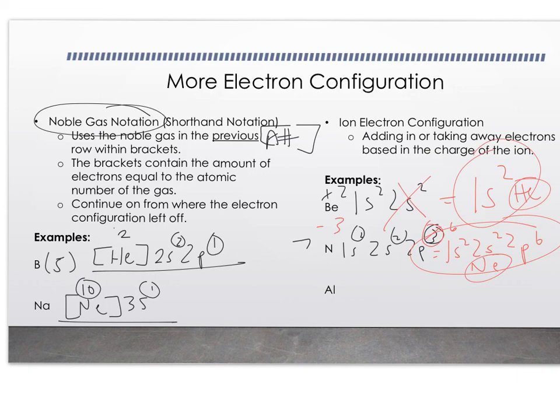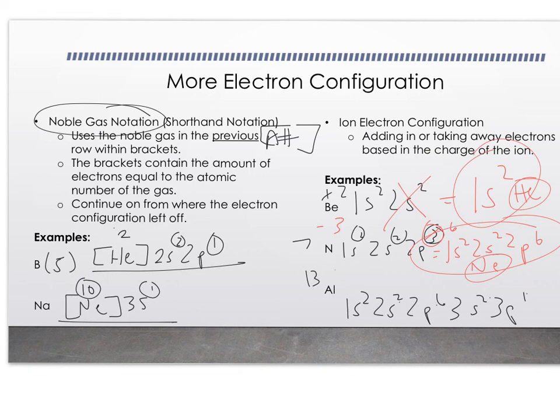And then aluminum is element number 13. Okay, so this is a 1s2, then I fill in my 2s2, then I fill in my 2p6, and then you go to your 3s2, and then you fill in your last one with a 3p1. So you should add up the exponents. 2 plus 2 is 4, plus 6 is 10, plus 2 is 12, plus 1 is 13.